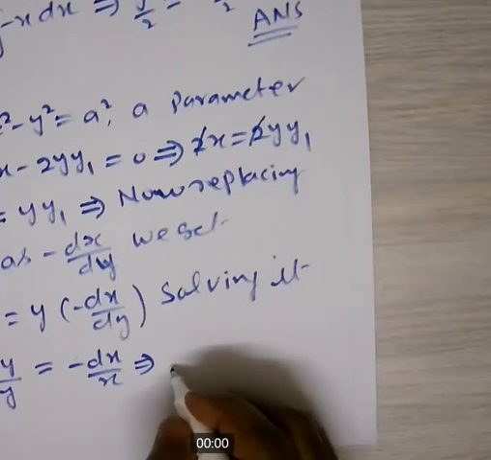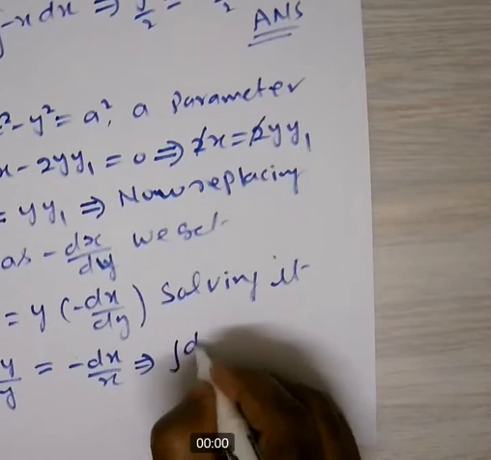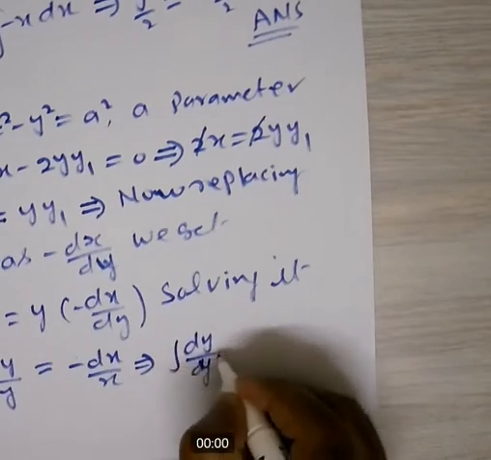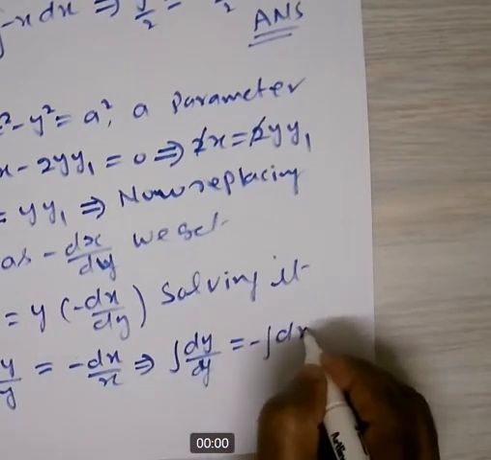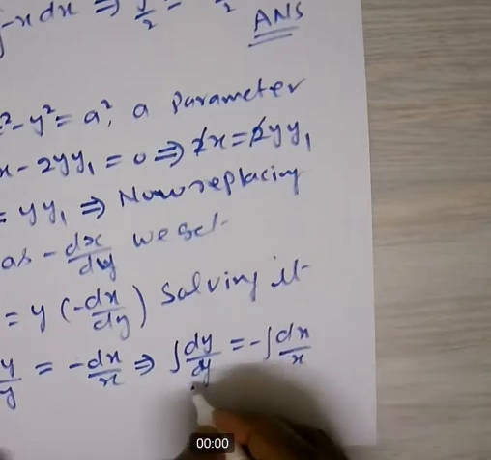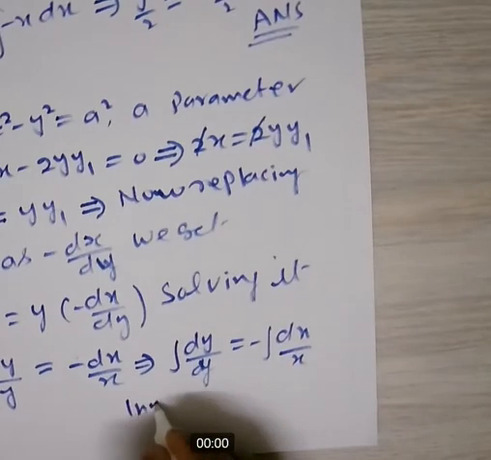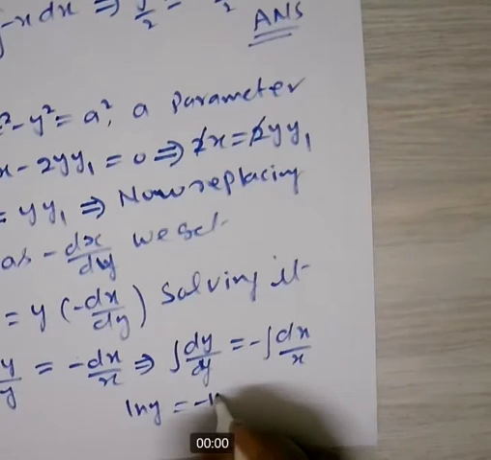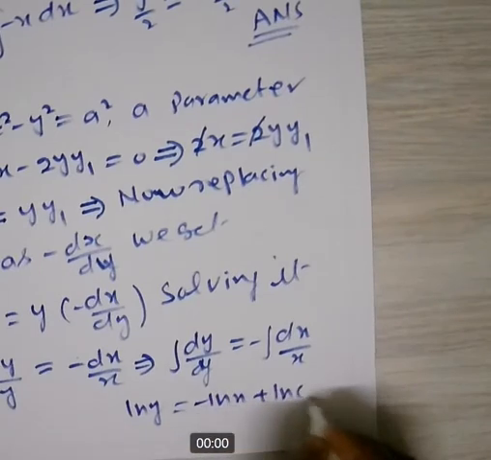Integration of dy divided by y equals integration of minus dx divided by x. So integrating, we get ln of y equal to minus ln of x plus ln of c.